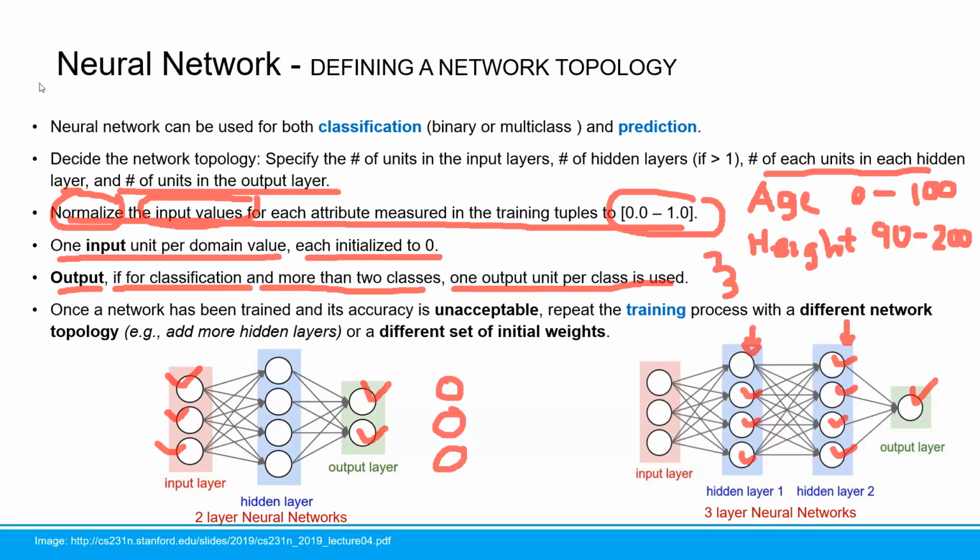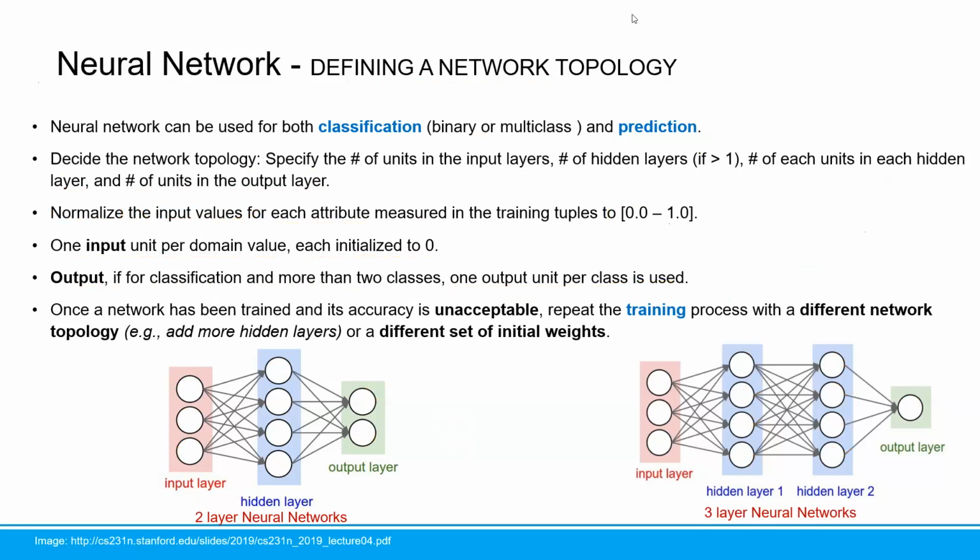But it depends, you can also make only 2. Let's say if it is 0, 0, 1, and this one is 0, 1, 0, and another is 1, 0, 0. It means if it is setosa, then it will be in this unit. If it is versicolor, then it will be in this unit. If it is virginica, it will be in this unit.